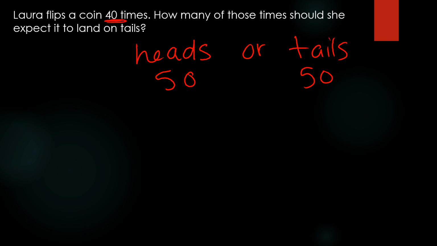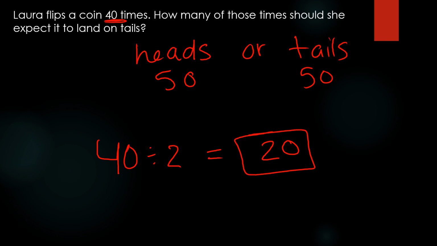If she's flipping it a total of 40 times, I would expect half of those to land on tails because, again, it's a 50-50 chance. So I'm going to take that 40, cut it in half, and say that's about how many times I expect Laura to flip tails. So taking 40, dividing it by 2, I get 20. So I would expect her to land on tails about 20 times.